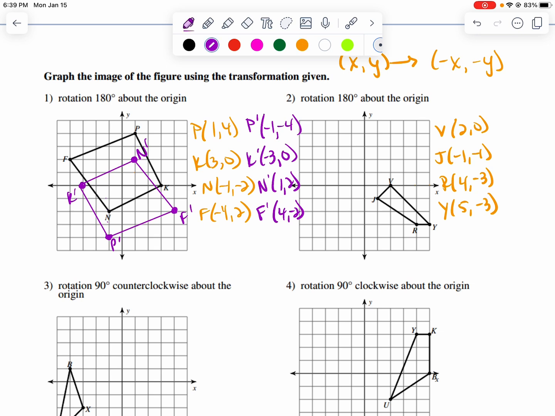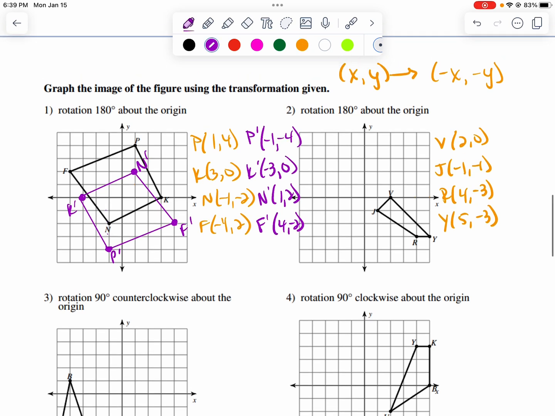Okay, so again, we're going to use this rule. We want the opposite of x and the opposite of y. So V prime is at negative 2, 0. J prime is at 1, 1. R prime is at negative 4, positive 3. And Y prime is at negative 5, 3. Okay.